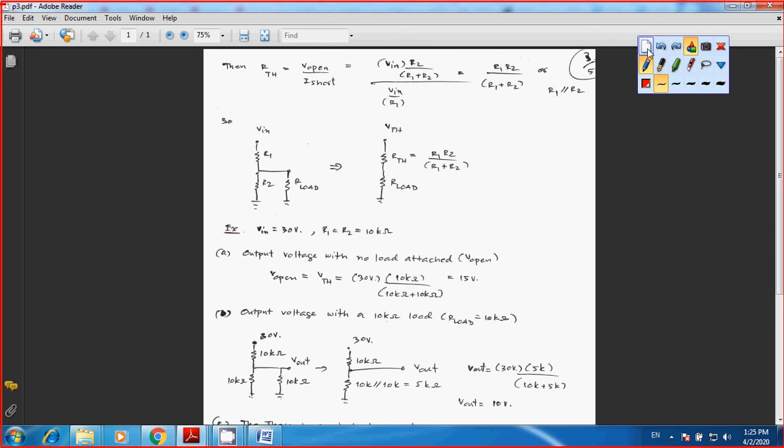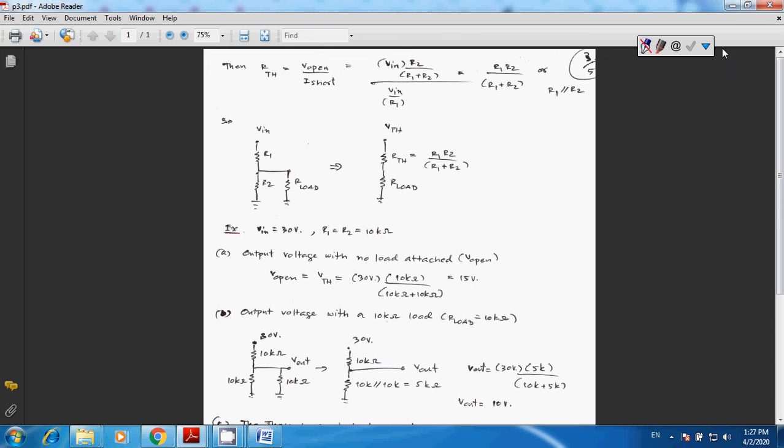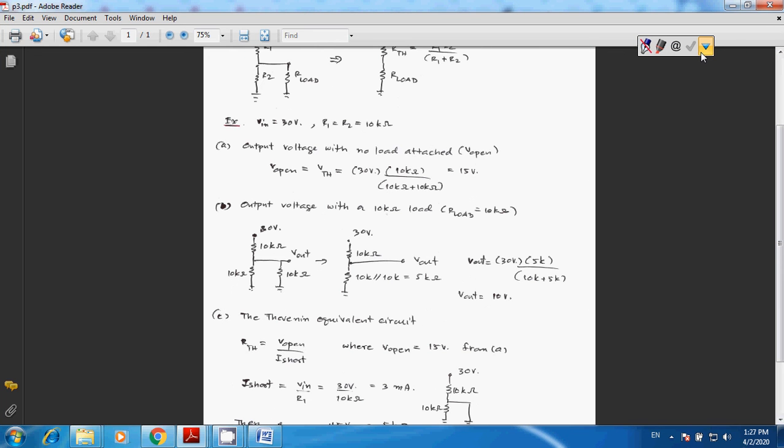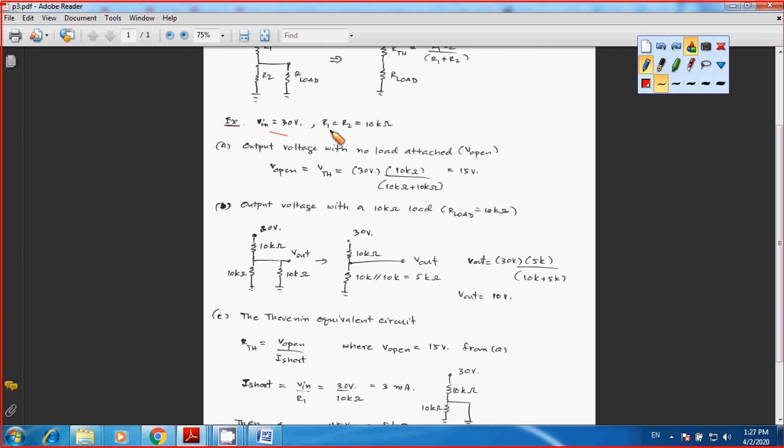Let's take a look at our sample. For example, you have Vin equal to 30 volts. You have R1 equal to R2 equal to 10k ohms. Let's see the output voltage with no load attached, or in this case it becomes V open or VTH, the Thevenin voltage.